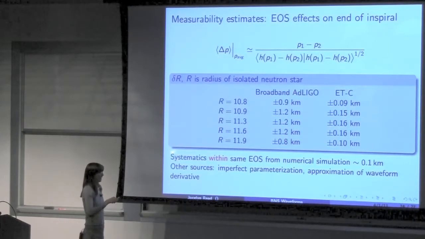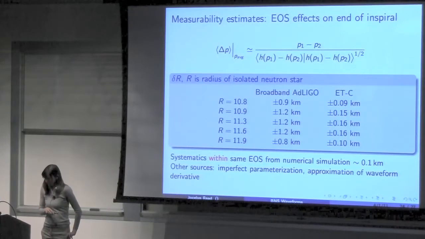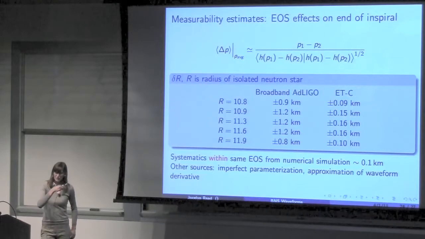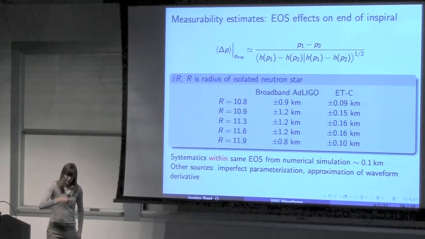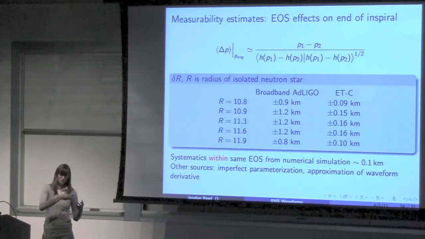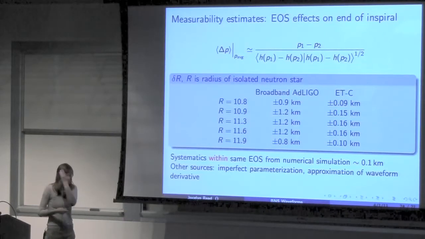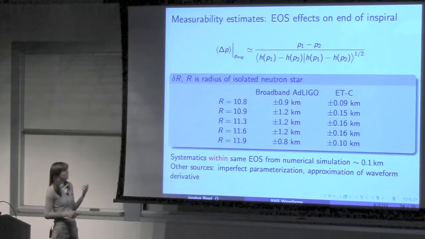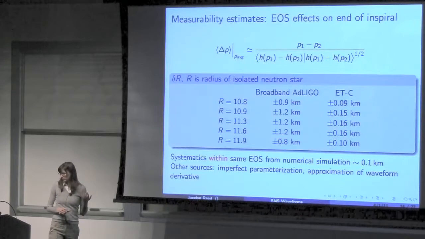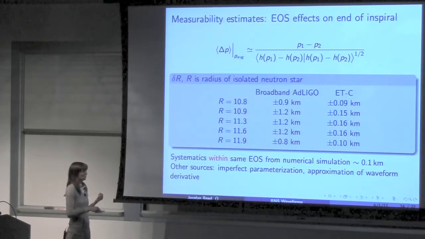And the systematic errors you can get by looking, you can look at varying the equation of state, you can look at varying the numerical simulation for the same equation of state as another parameter and marginalize over it, or you can do various things that explicitly estimate the systematic error coming from numerical variation, and that's on the order of 0.1 or 0.2 kilometers.